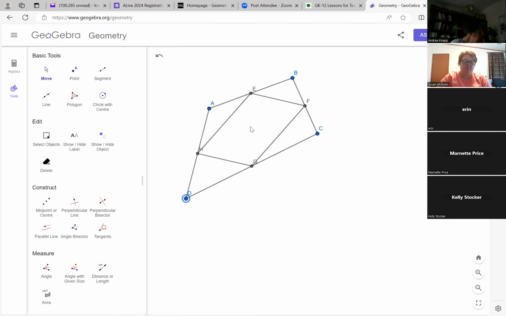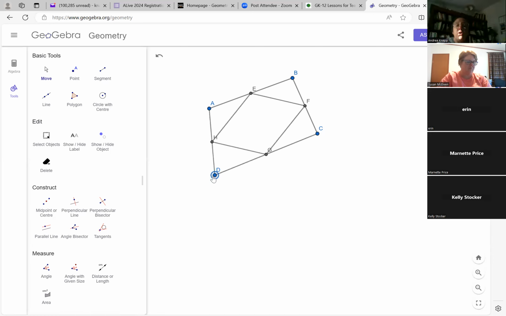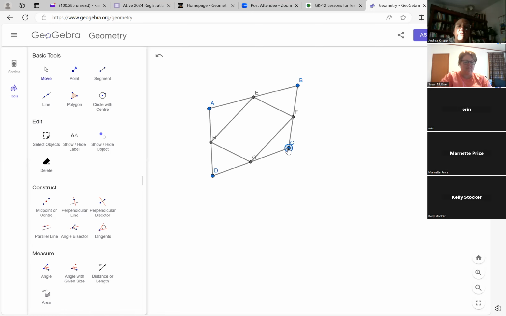What is the most you can say about the kind of parallelogram that interior figure is if ABCD, the outer quadrilateral, is a rhombus? So if our outer quadrilateral were a rhombus and all the sides were the same length, what could we say about that interior figure?